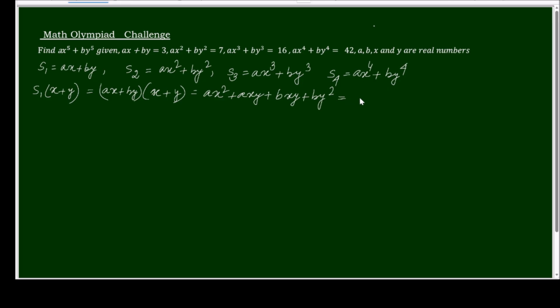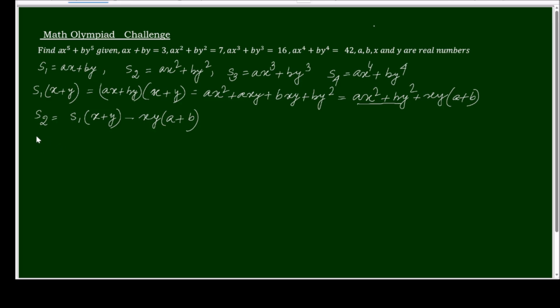So this will be ax^2 + by^2 plus xy taken common, giving a + b. This is nothing but S2. So S2 equals S1 times (x + y) minus xy times (a + b).